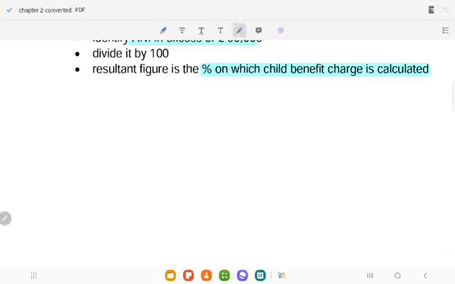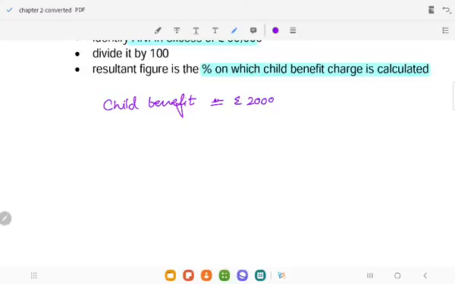A person has received a child benefit of 2,000 pounds, and his adjusted net income is 53,000.